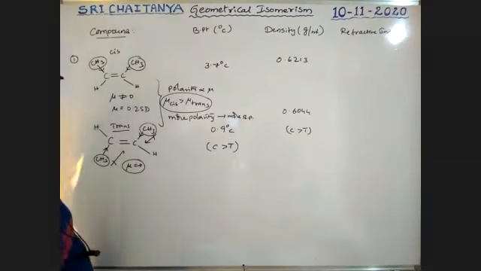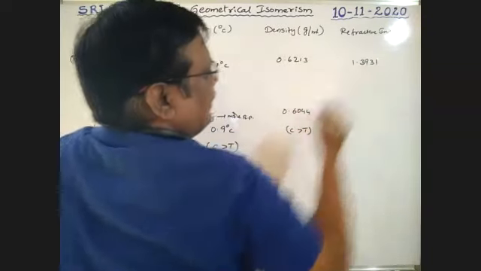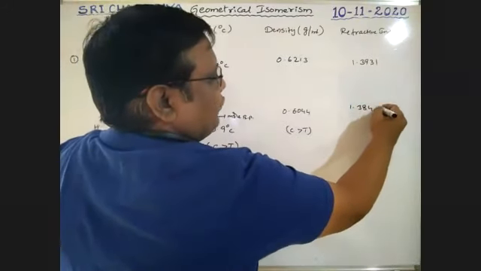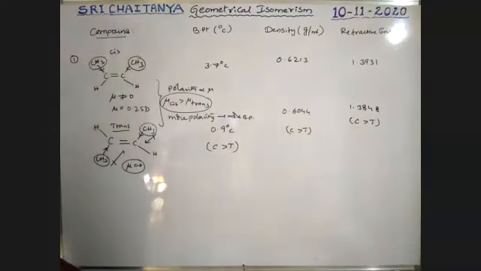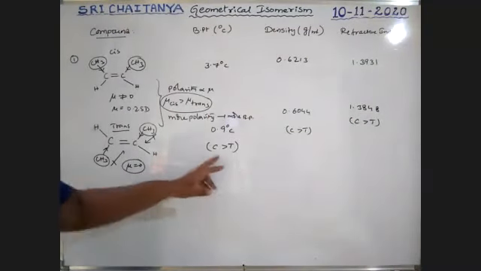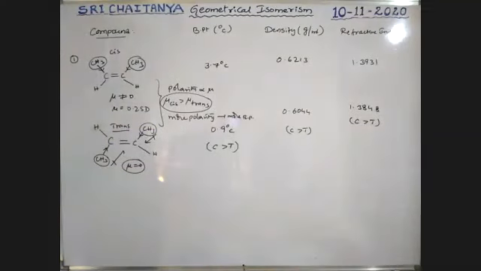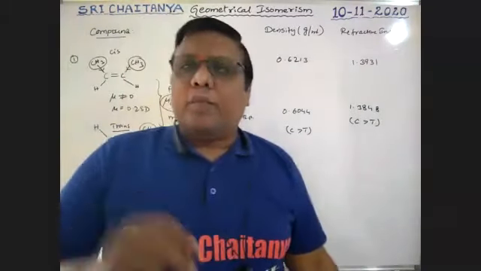Note the next point: refractive index is 1.3931 for cis and 1.3848 for trans. Here also cis is greater than trans. So for boiling point, density and refractive index of this compound, cis is greater than trans. So the dipole moment of the cis compound is greater than that of the trans compound, and dipole moment plays a major role in boiling points.